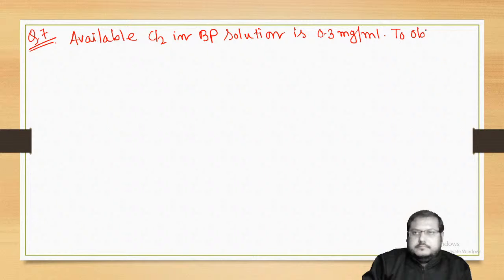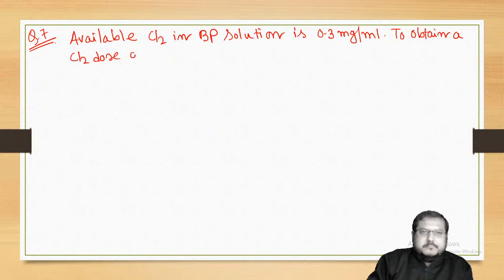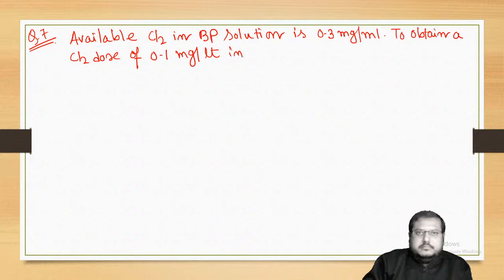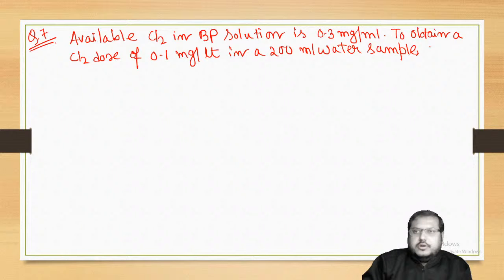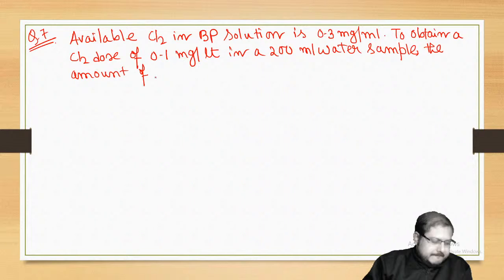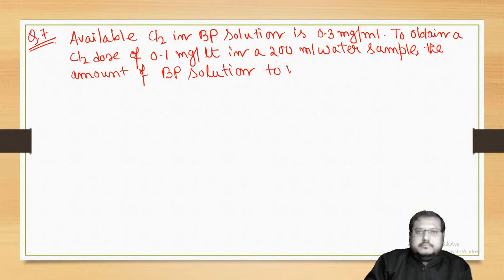To obtain a chlorine dose of 0.1 milligram per liter in a 200 ml water sample, the volume of bleaching powder solution to be added is, four options are provided.